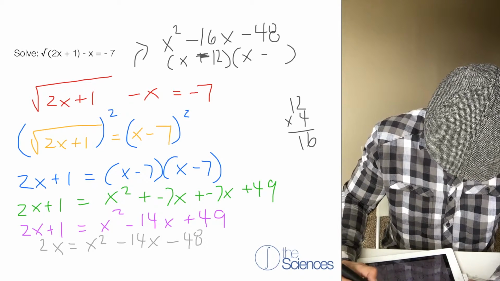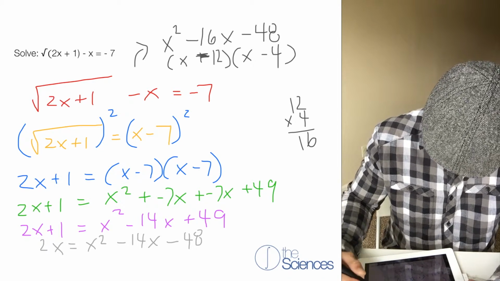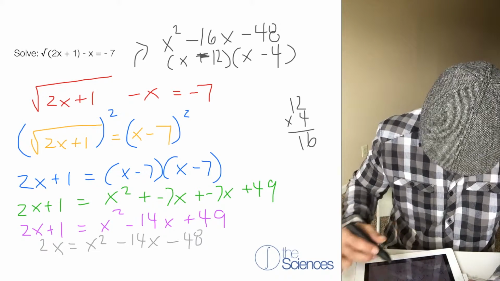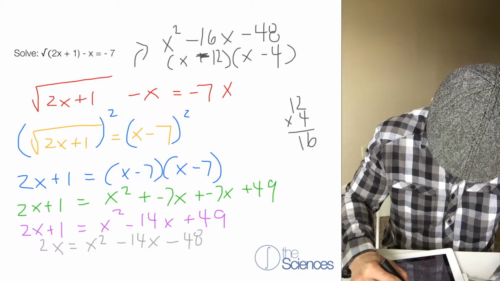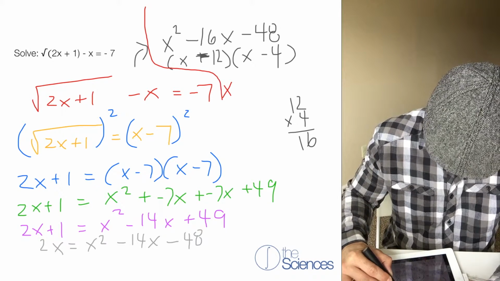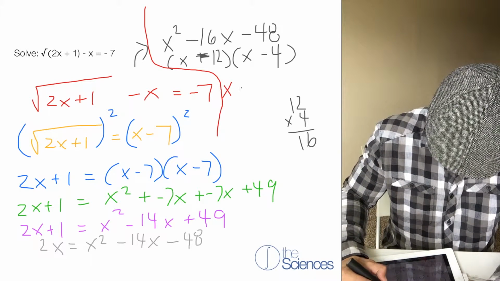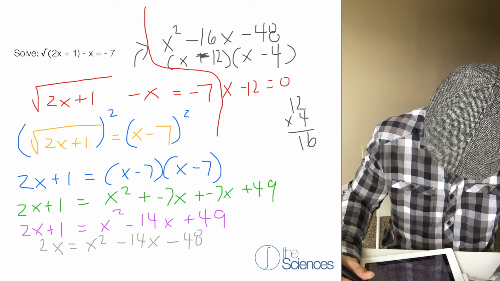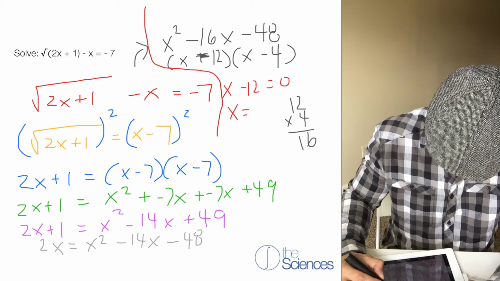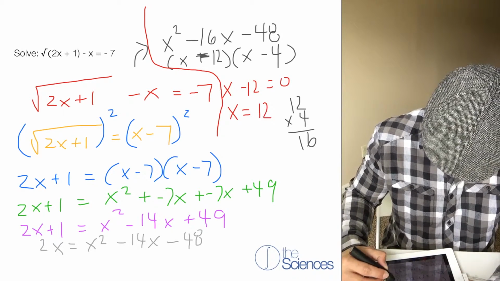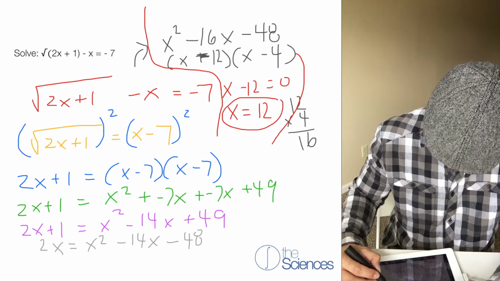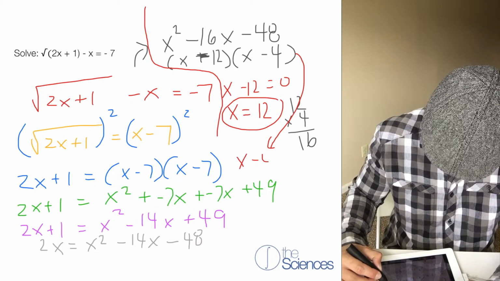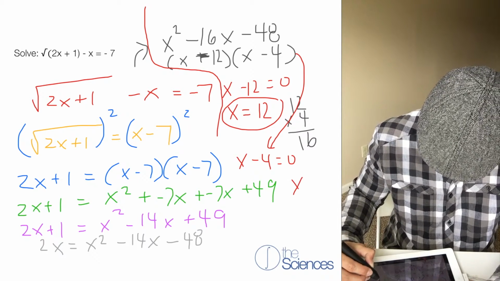So we have 12 and 4. So now what we're going to do is set these equal to 0. Let's go ahead and draw a line. We have x minus 12 equal to 0, and x equals 12. And then here we have x minus 4 equals 0, or x equals 4.